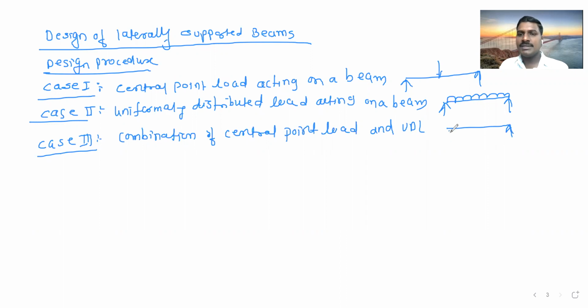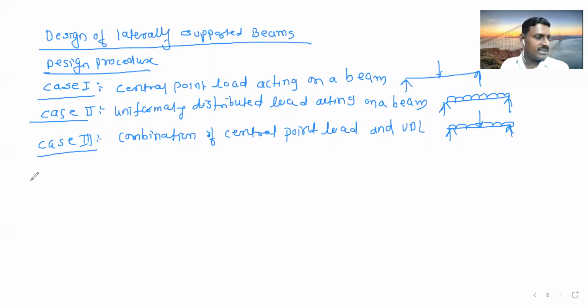It means this is the beam, this is the UDL on the beam and a central point load. So such cases are there. Such types of loading come on the beam. Either a central point load is there, or maybe a UDL will be there, or maybe UDL plus point load will be there. So such cases will be there while we design the laterally supported beam.